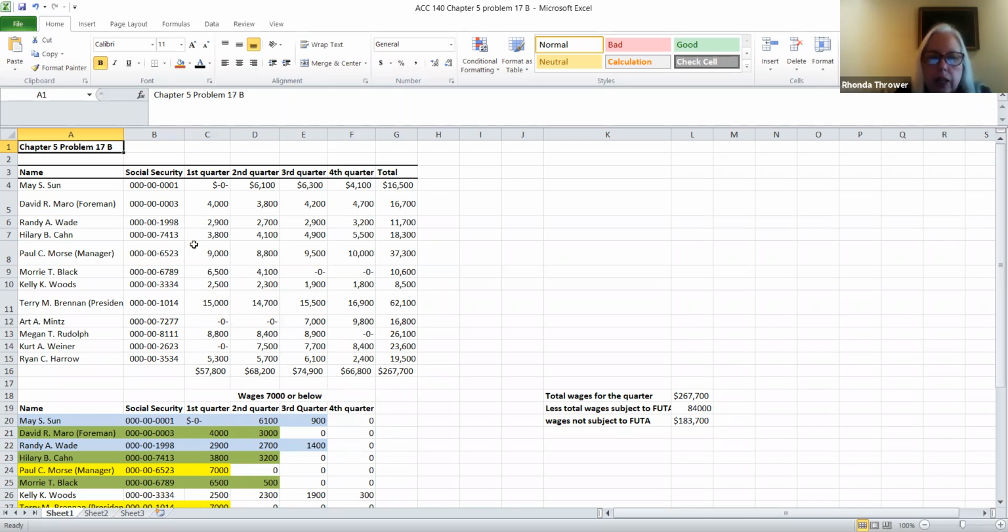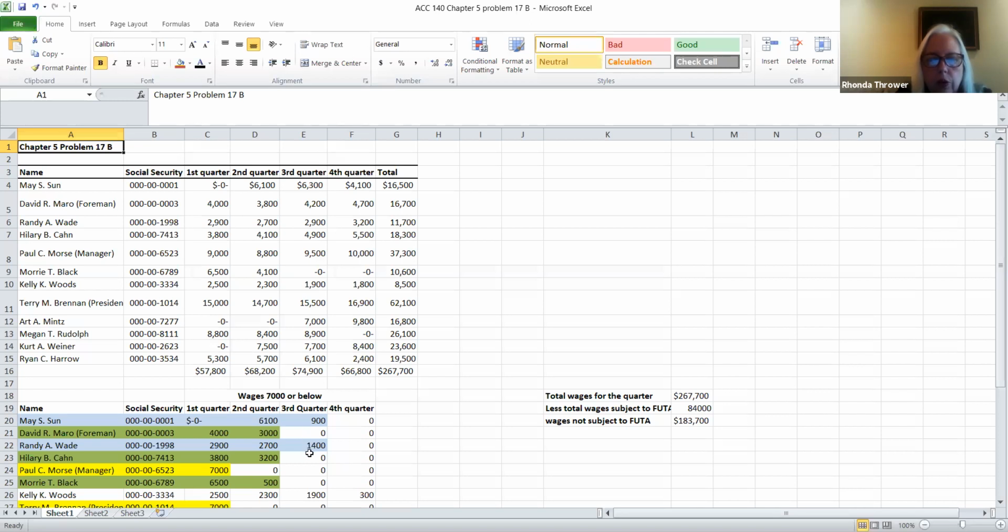For Randy Wade, you'll take the $2,900 and add $2,700 to that. $2,900 and $2,700 brings you to a cumulative total of $5,600. And then if we add the third quarter's $2,900 in wages, we're above the ceiling at $8,500.